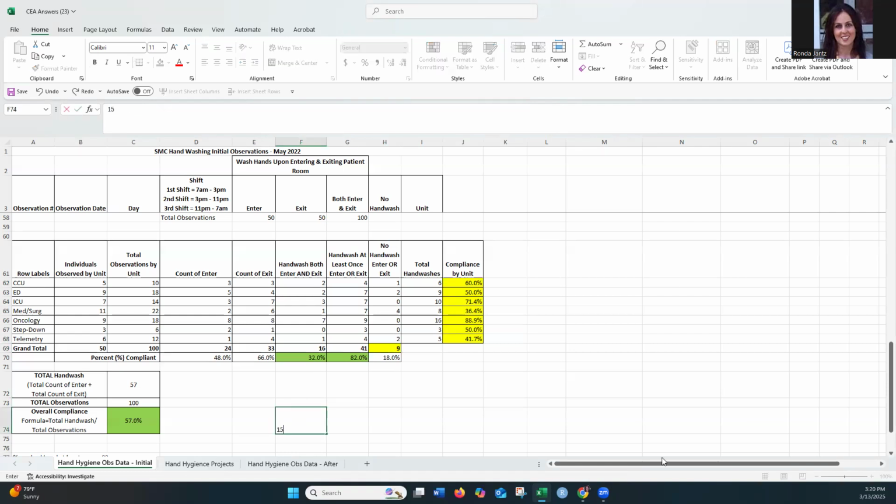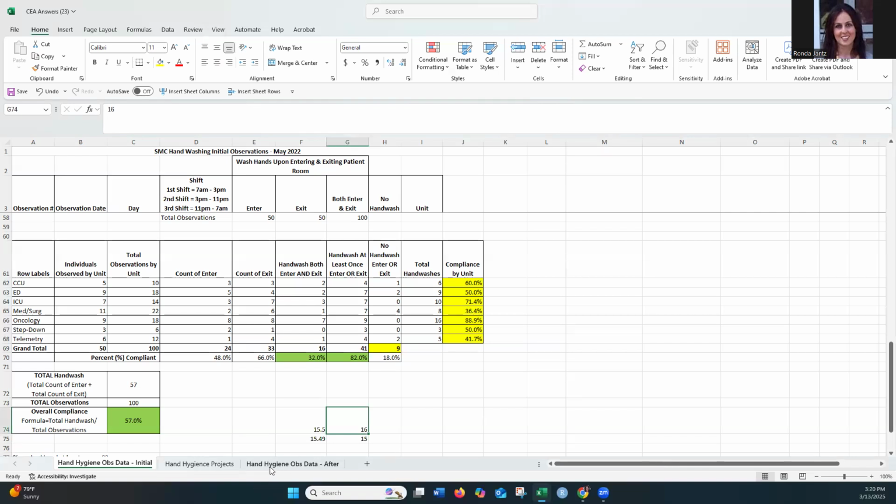Let's say, for instance, I had 15.5 here. That would round up to 16. Anything 0.5 or above will round up to 16. If it was 0.49, we would round that down to 15. So if you're entering data in, remember that 0.5 and up goes up, below 0.5 will go down.